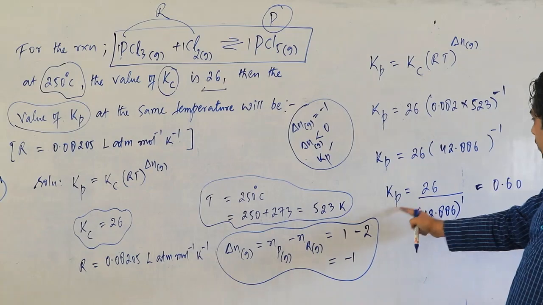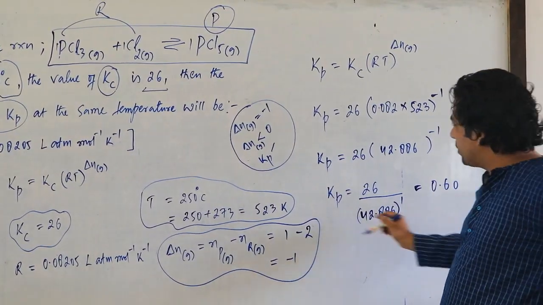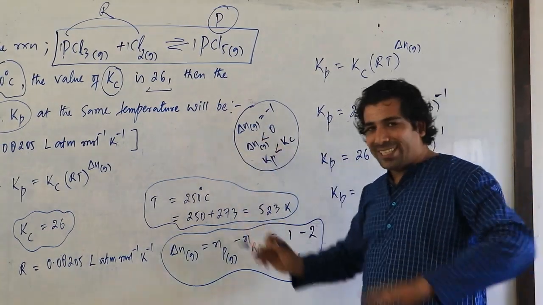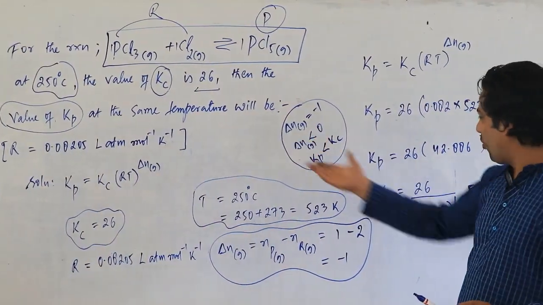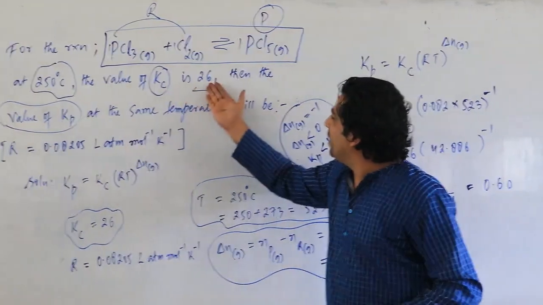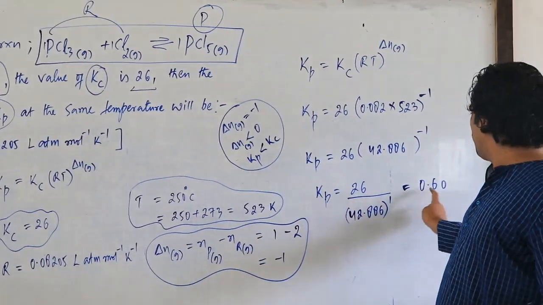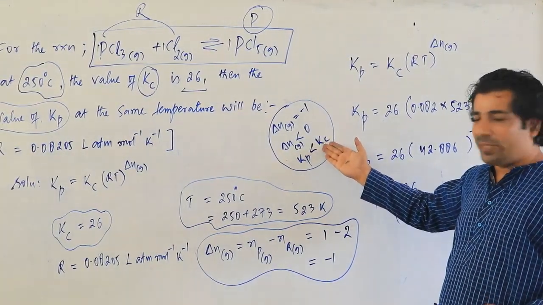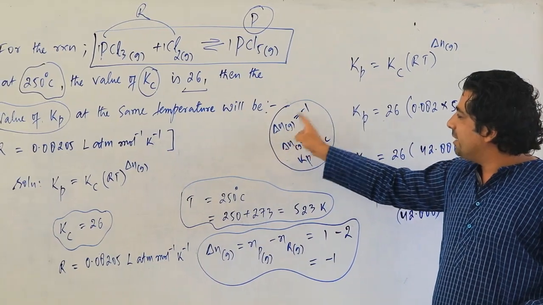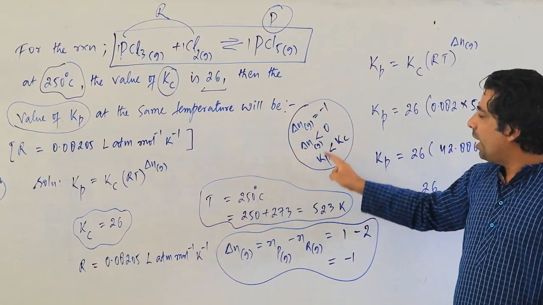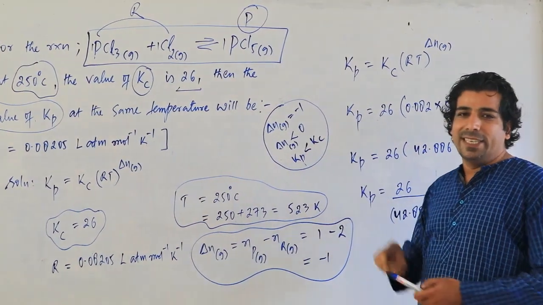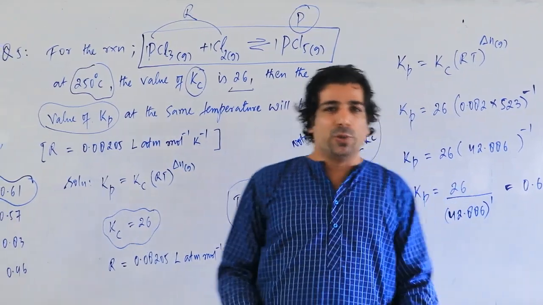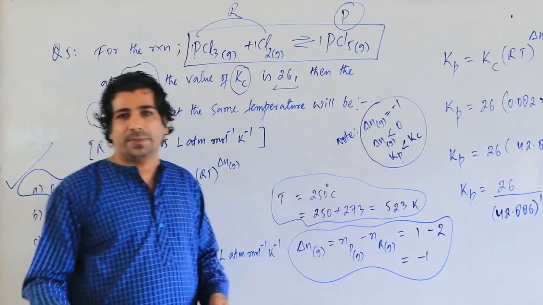And how much is the Kp value? 0.60. So who is greater? If you remember, Kp is less than Kc. Have I already done it in the previous question? And you have also gotten the proof here. Kc was 26 and Kp is 0.60. So obviously Kp is less than Kc. This is just additional information, and we proved here that when delta N is negative, that means delta N is less than 0, at that time Kp is less than Kc. This was the information in the previous question, and here we got the proof through this particular problem. Please make note of this.